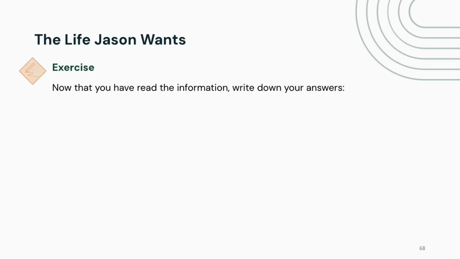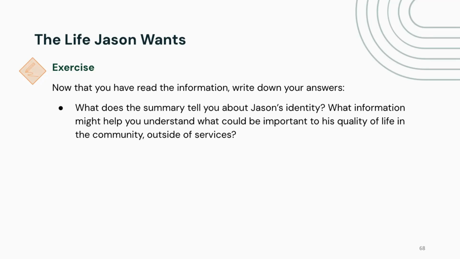Now that you've read the information, take a few minutes and write down your answers. What does the summary tell you about Jason's identity? What information might help you understand what could be important to his quality of life in the community outside of services?